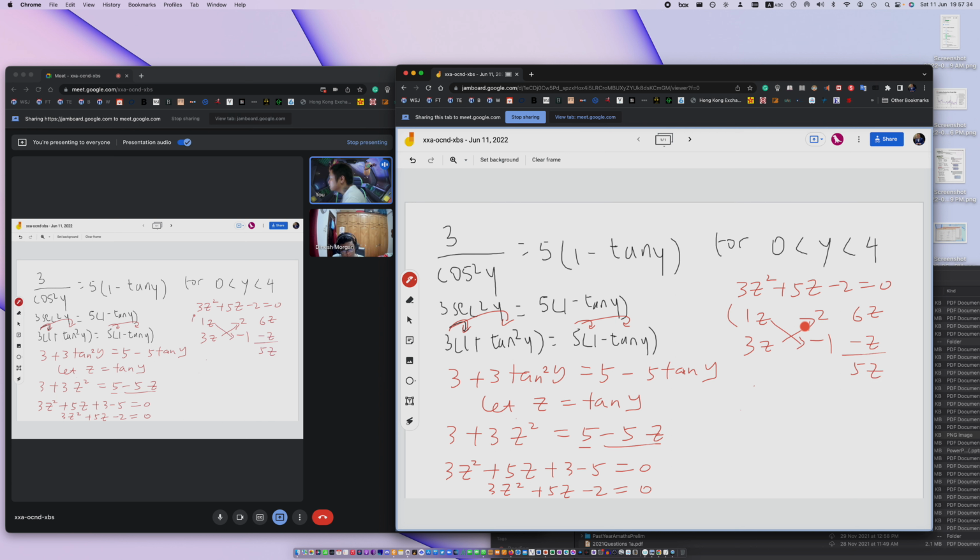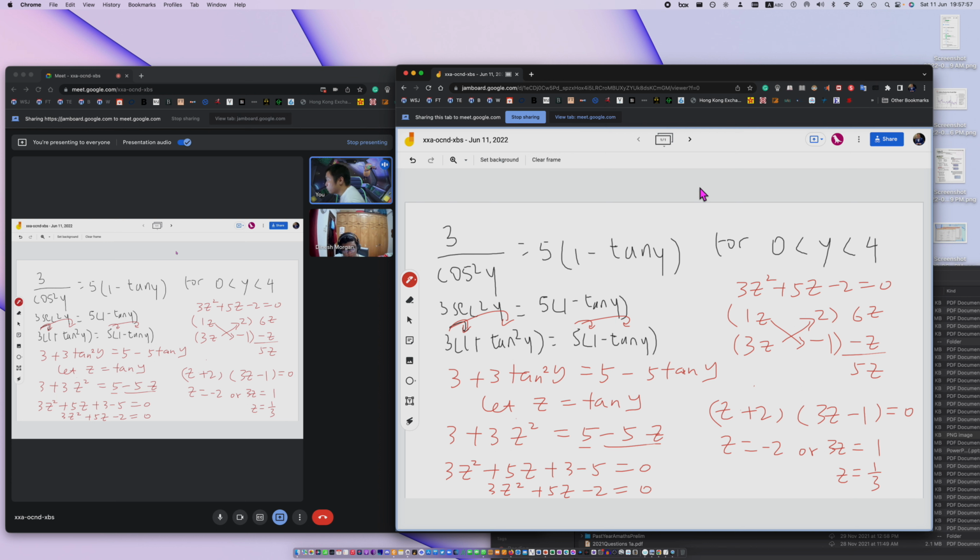Yes. So this is the factor. So this is z plus 2 and then 3z minus 1 equals to 0. So therefore z is equal to negative 2, or 3z is equal to 1, so z equals to 1/3. Am I right? Yeah. Then with this, I think you can solve already.